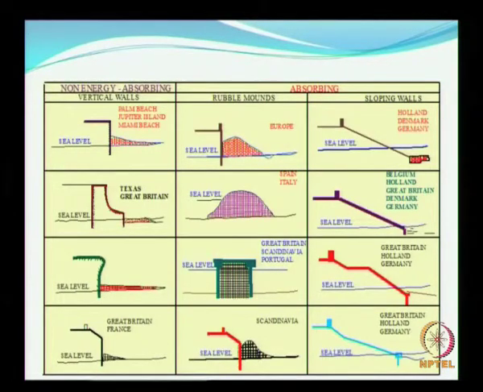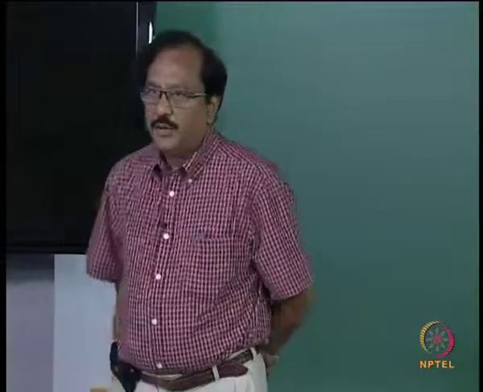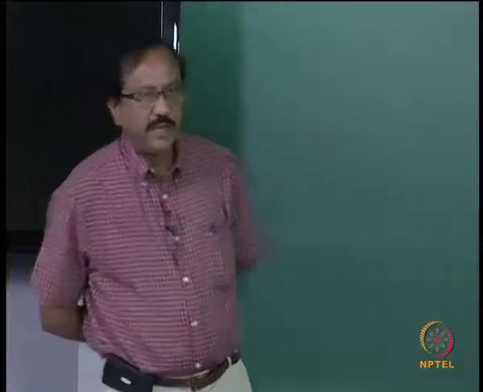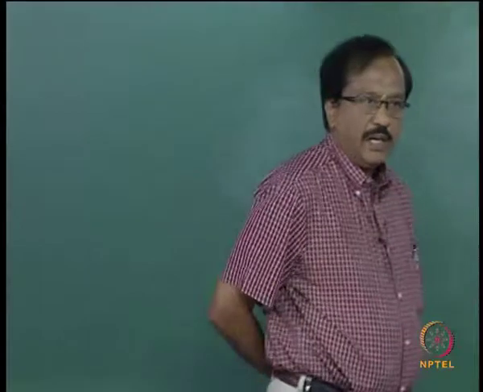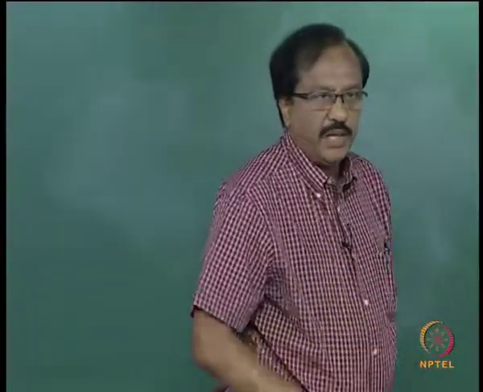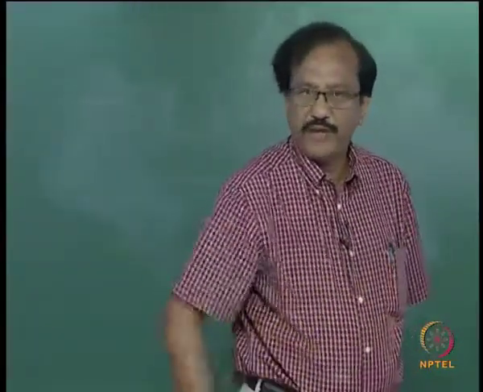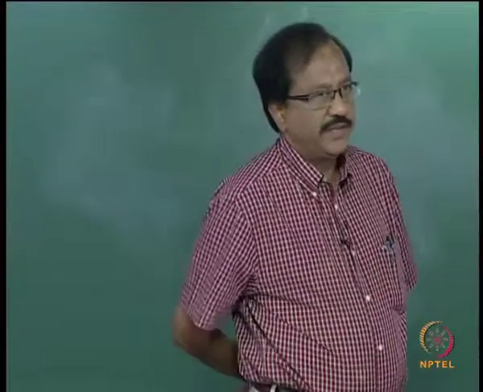You can also have a combination of this, you have the slope plus you have the rubble mound. The idea is to dissipate the energy due to the presence of the rubble mound, as well as the slope of the sea wall, which is also going to have its own effect in reducing the energy.